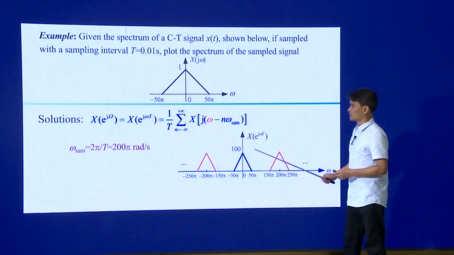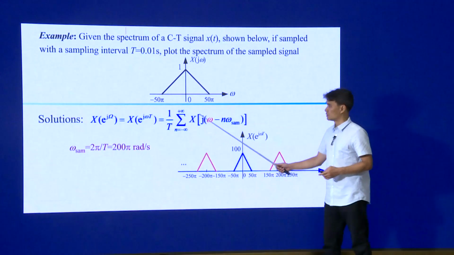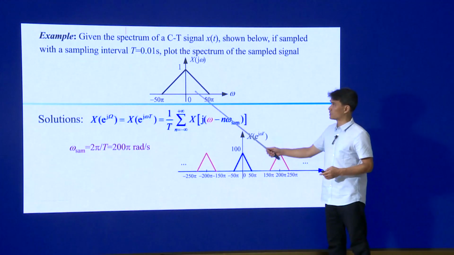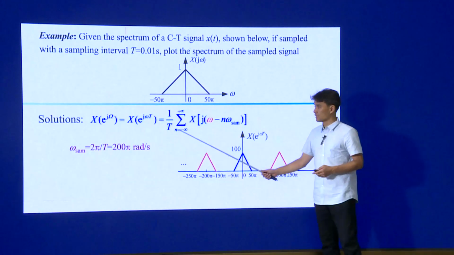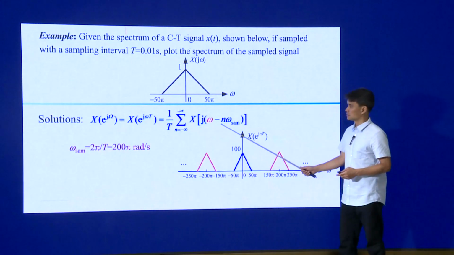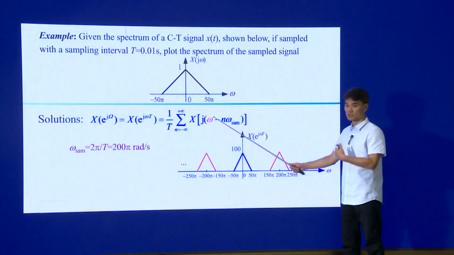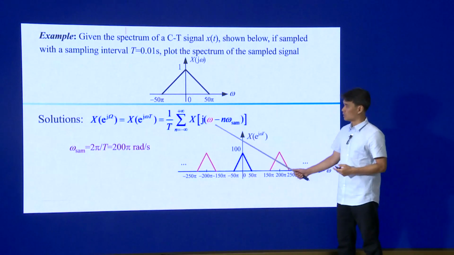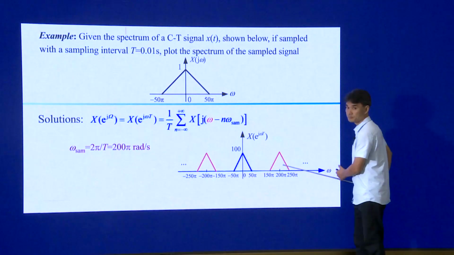So if we plot it, for example, if we let n equal to 0, then this term is the original spectrum in here. And if n equal to positive 1, then the spectrum has to shift towards your right by omega sam. So that will form this plot.